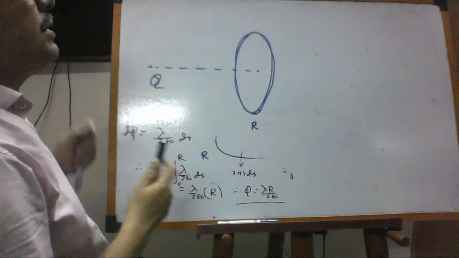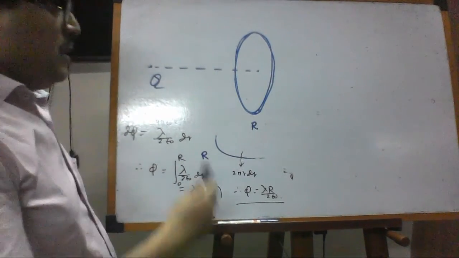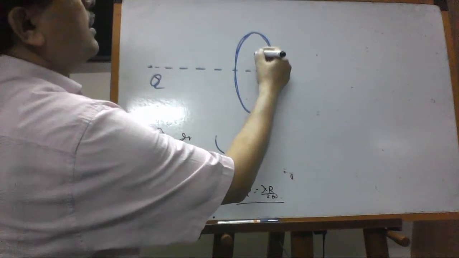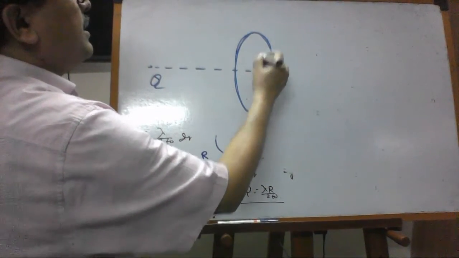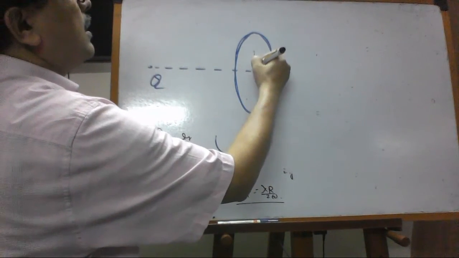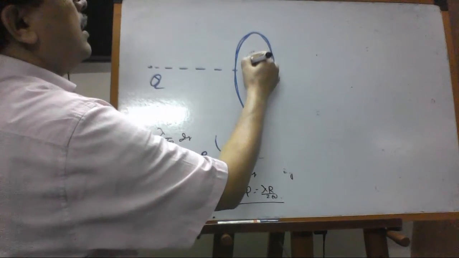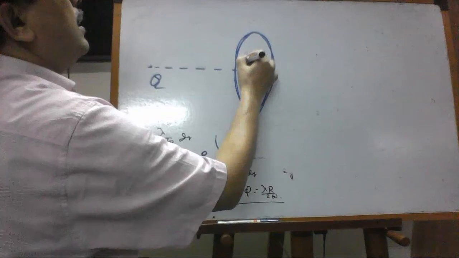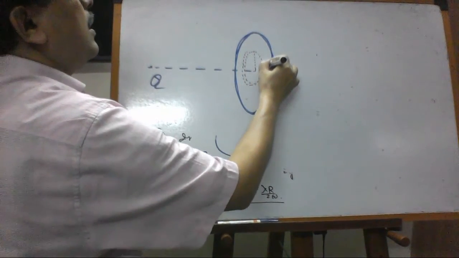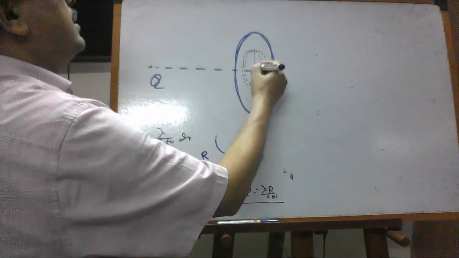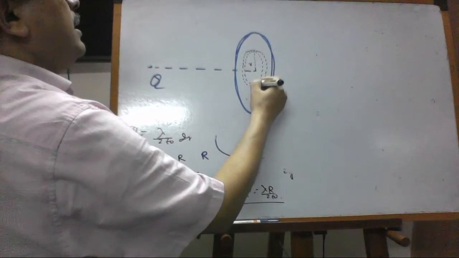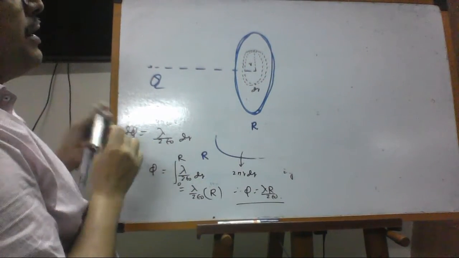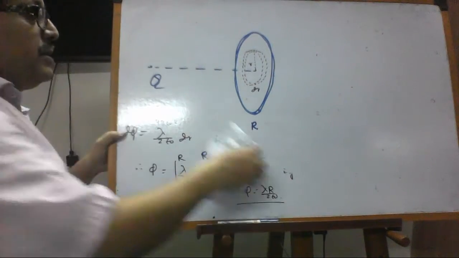How to find it? Again, in the same manner, we consider an elementary part here like this of the circle area, of radius r and thickness dr. Then we will get it by integration.